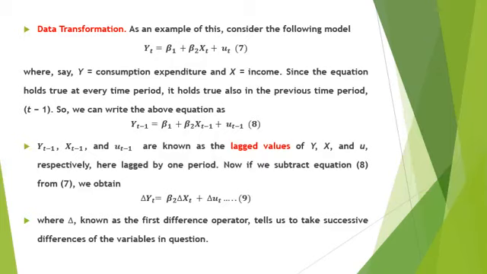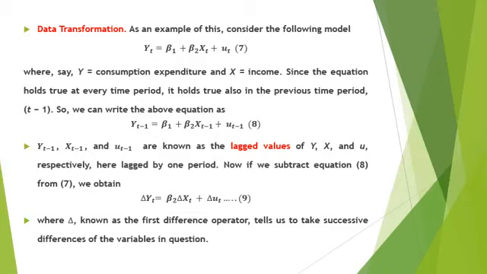We use three lagged values here: lagged values of the income, lagged values of the consumption, and lagged values of the error term. And all these are lagged by one time period. Now if we subtract equation 8 from equation 7, we obtain delta yt is equal to beta 2 into delta xt plus delta ut, where delta is known as the first difference operator.